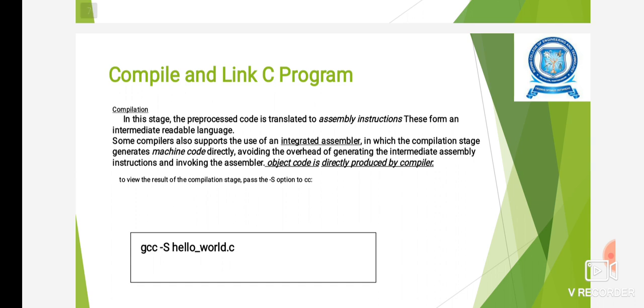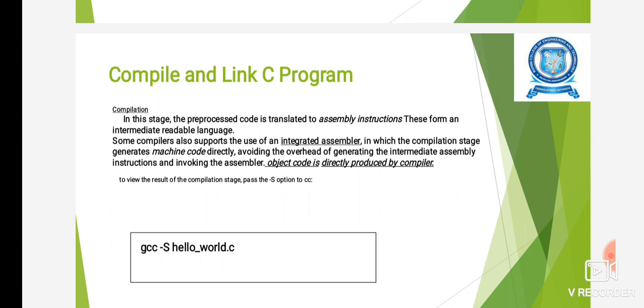Then compilation. In this stage, the preprocessed code is translated to assembly instructions. These form an intermediate readable language. Some compilers also support the use of an integrated assembler, in which the compilation stage generates machine code directly, avoiding the overhead of generating the intermediate assembly instructions and invoking the assembler.